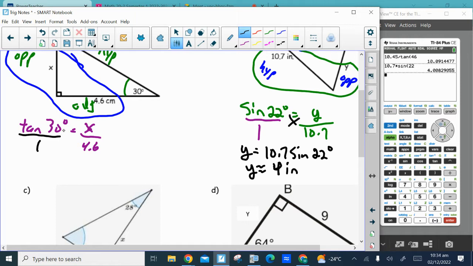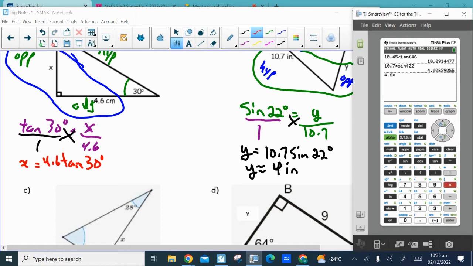Make the left side a fraction, cross multiply. 1 times x equals 4.6 times the tan of 30 degrees. When two ratios or fractions are equal to each other, their cross products are equal. 4.6 times the tan of 30.